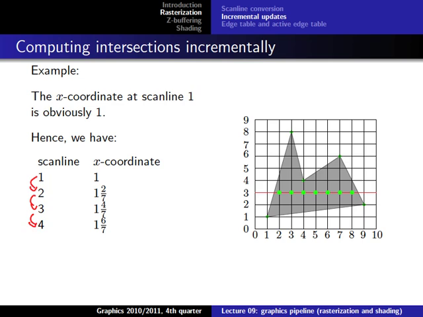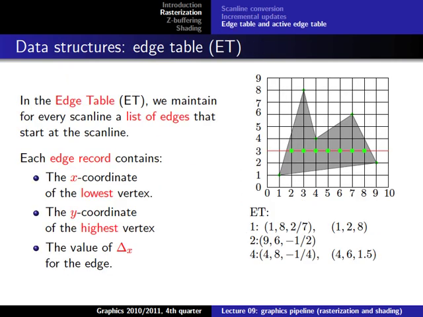Here it's always plus delta y, which means plus 1, and here it's always plus delta x, which means plus 2/7, until we reach the upper part here. So we continue this till we are at scan line number 8, and then we know we reach the upper edge of it, and then we have all the intersection points. So this is how we can do it. It's pretty simple to understand.